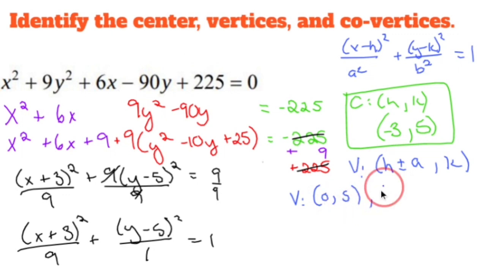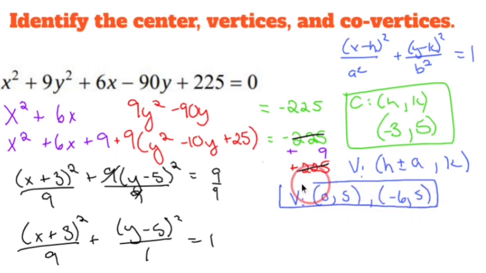And my other vertex is going to be h minus 3, or negative 3 minus 3, which is negative 6, 5. Those are my vertices.